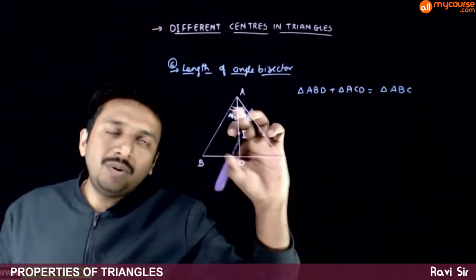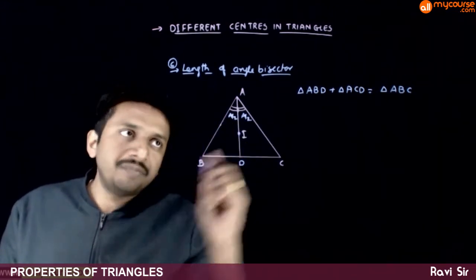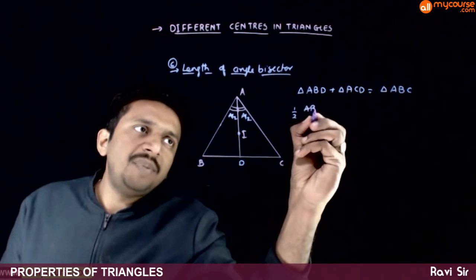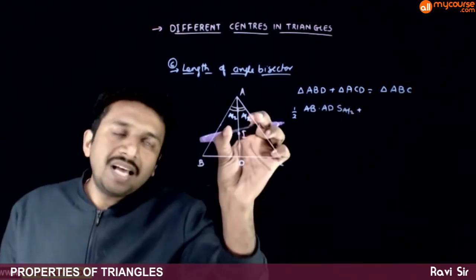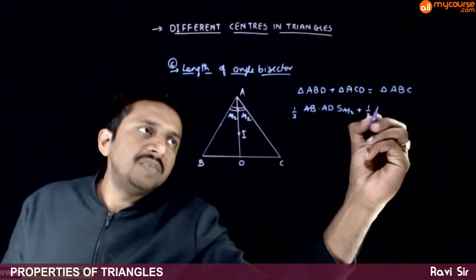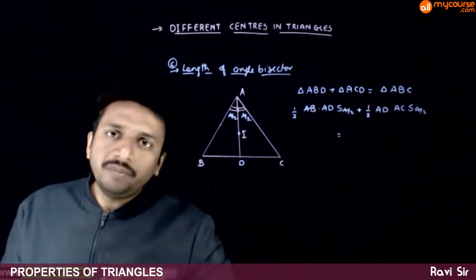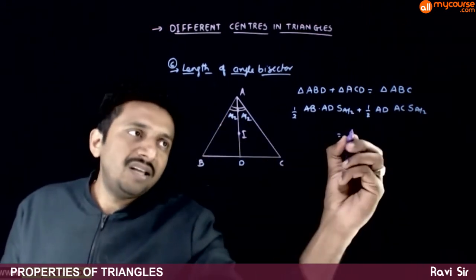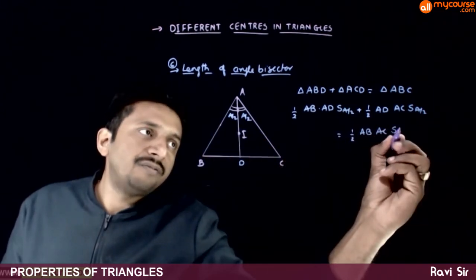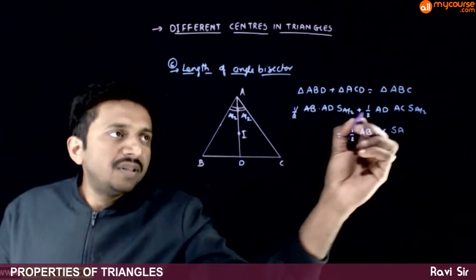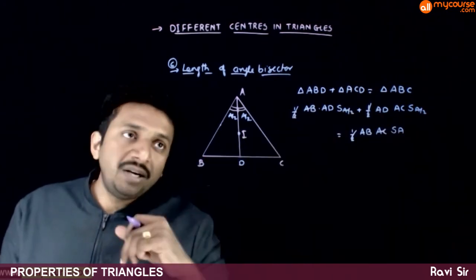So half into AB into AD times sine of A by 2, half into product of two adjacent sides into sine of angle between them, plus, what is the area of this triangle? Half times AD times AC times sine A by 2 again is equal to, what is the area of the complete triangle ABC? Half times AB times AC times sine of angle A. So if these get cancelled, in these two terms AD sine A by 2 is common.